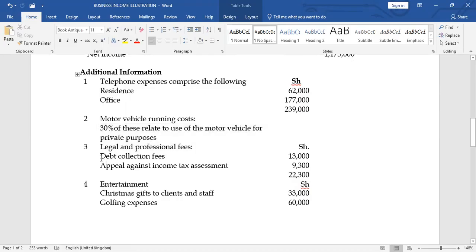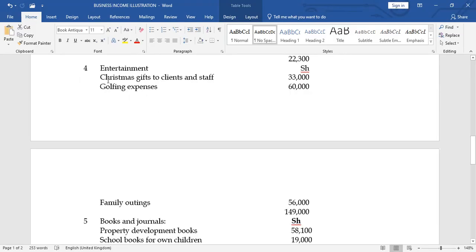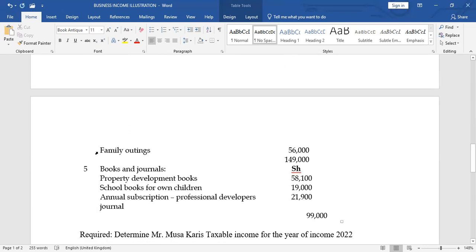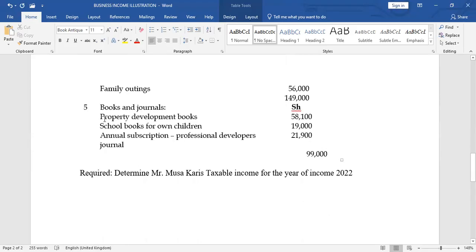Legal expenses, there's debt collection and appeal, and then there's entertainment, part of which is for Christmas to staff, golfing expenses for himself, it's important I give that clarity. And then his family outings of 56. He goes out and spends money.